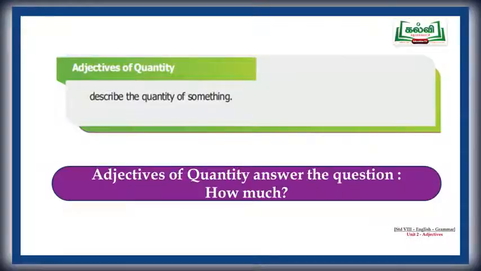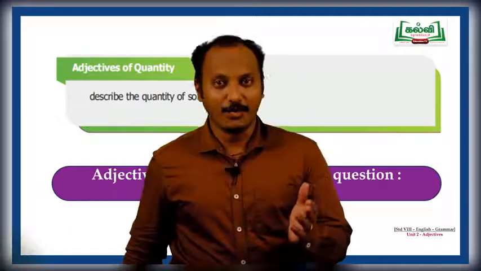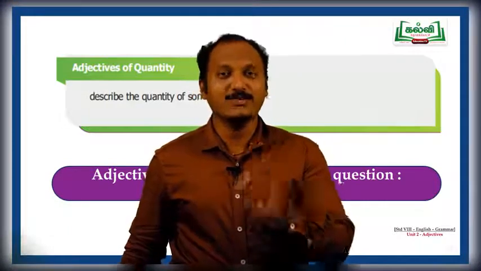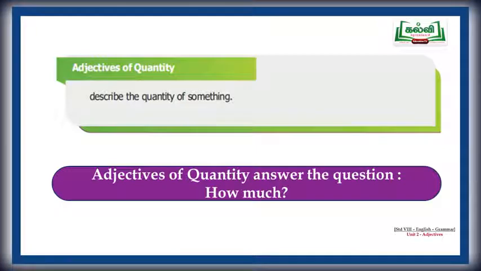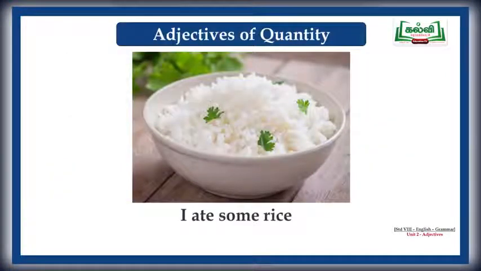Now, let's go to the second one, adjectives of quantity. Are you ready now? Yes. Adjectives of quantity describe the quantity of something. That something may be a person or any thing. We can put it in simple form that adjectives of quantity answer the question, how much? Look at this picture, it is a bowl of rice.